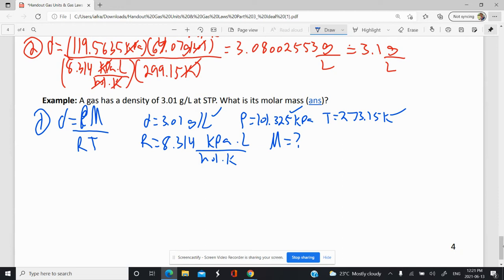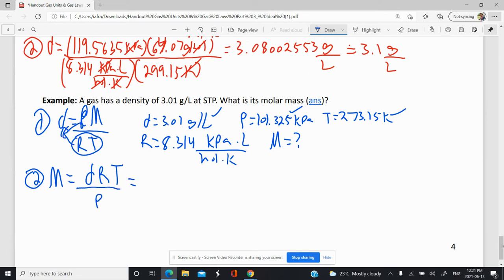So we can rearrange to find molar mass. We know that molar mass is equal to the density times RT, because we send this to that side, and then this to the bottom, so over pressure.